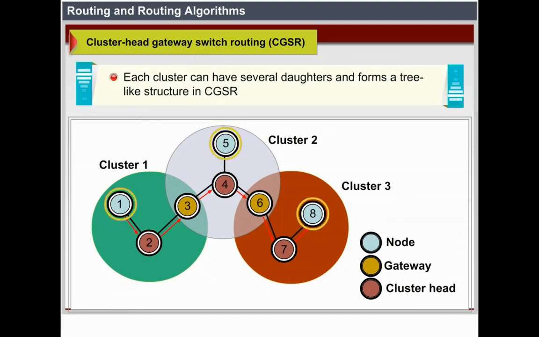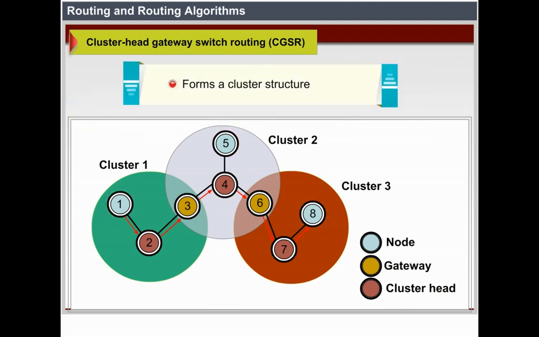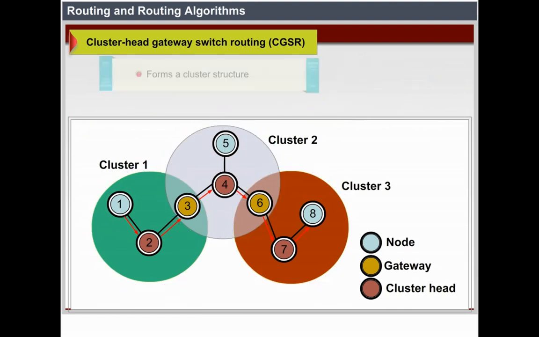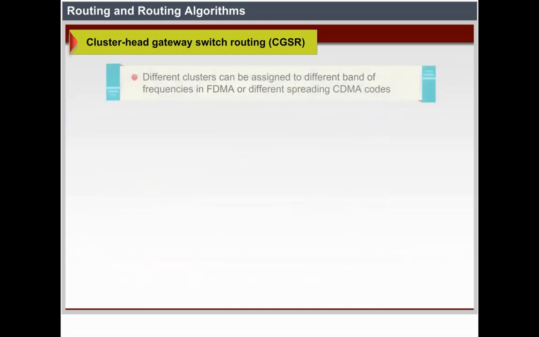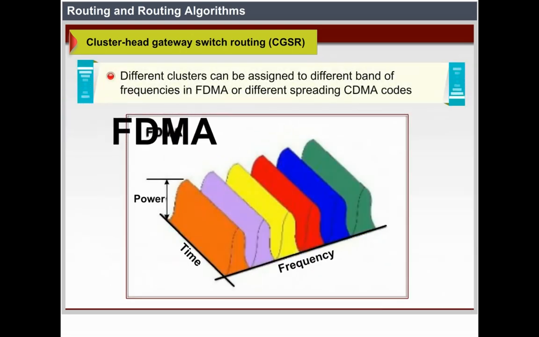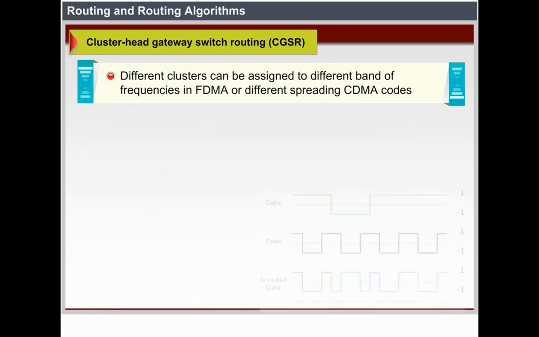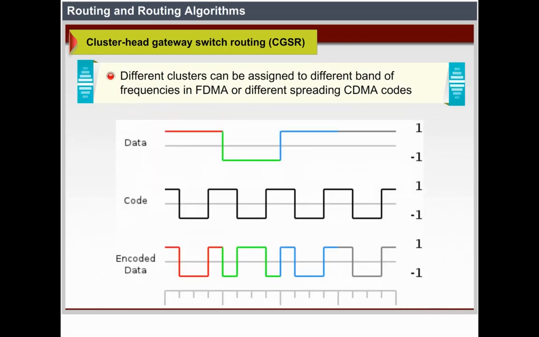Each cluster can have several daughters and forms a tree-like structure in CGSR. Forms a cluster structure. The nodes aggregate into clusters using an appropriate algorithm. The different clusters can be assigned to different bands of frequencies in FDMA or different spreading CDMA codes.